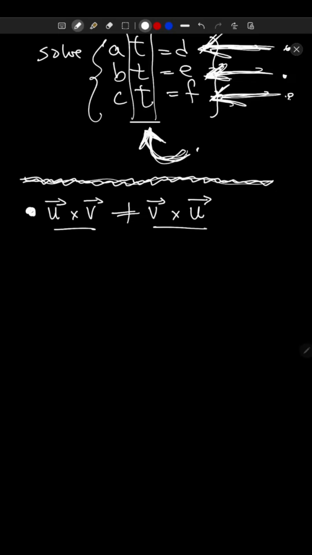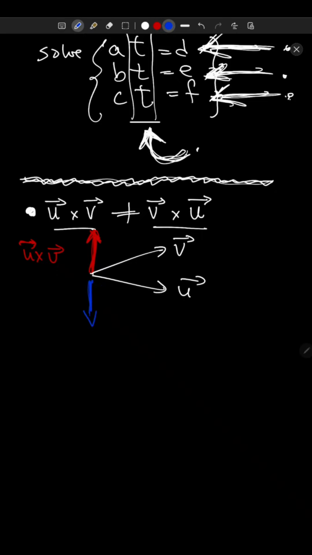And we know this because, let's just draw a picture here, if I did u cross v, then I would get this direction, vertical upwards, right? So u cross v would be pointing in this direction. And on the other hand, v cross u would be pointing in that direction. Okay?